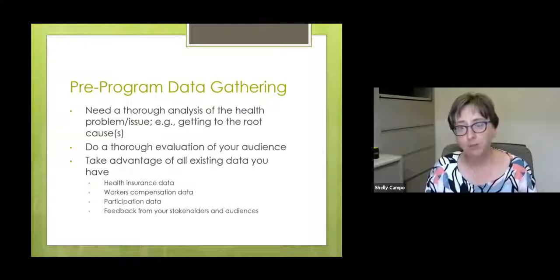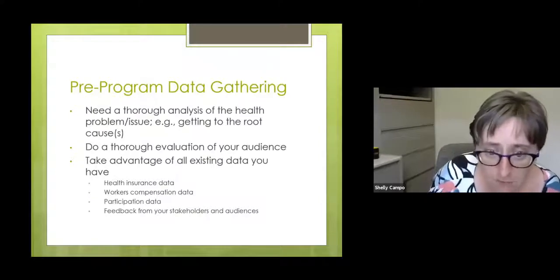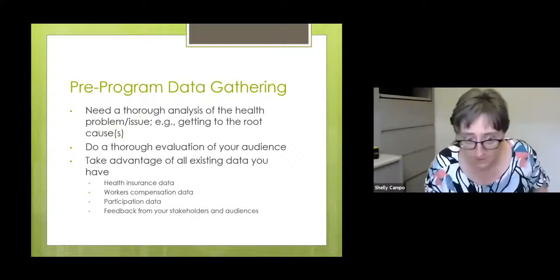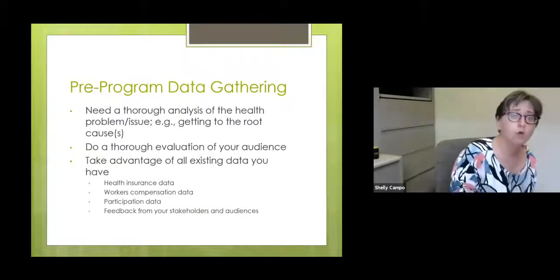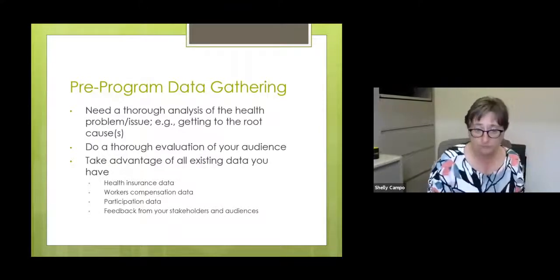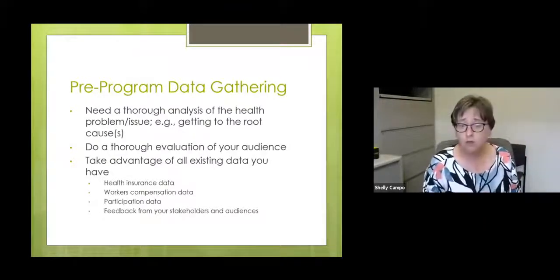So in this pre-programmed data gathering phase, which you are all about to engage in, you want to think again about both your audience and the health problem. Some of you, probably all of you, have some level of access to existing data, and I want to encourage you to use that. So you might know about the usage of your service.